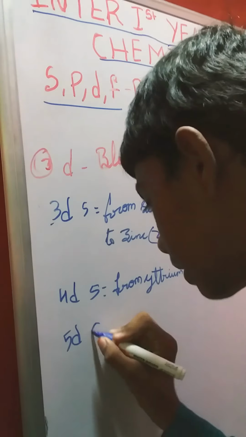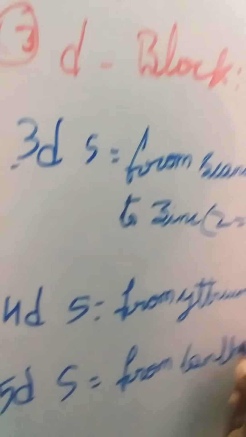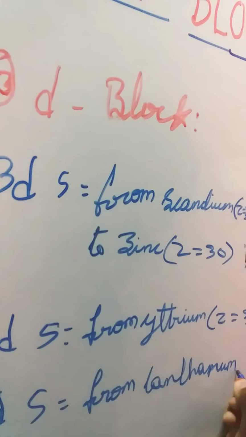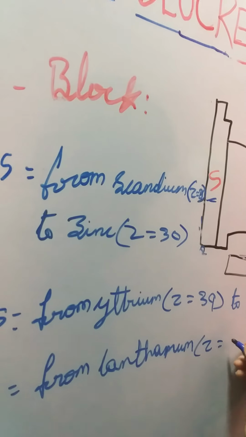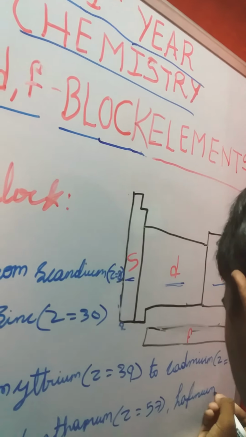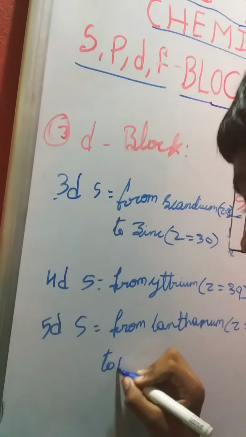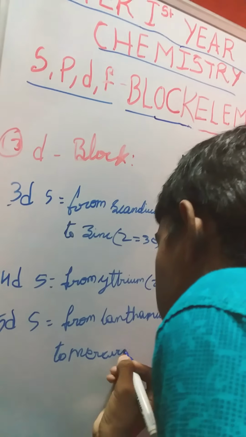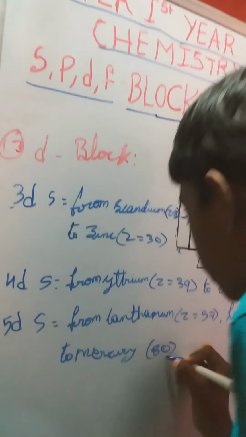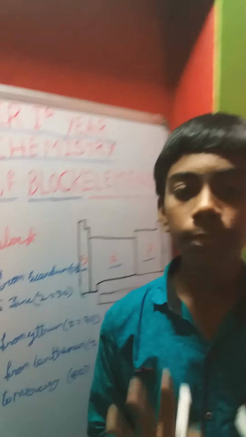Next one, 5D series: from lanthanum, Z equal to 57, hafnium, Z equal to 72, to mercury, 80, in the 6th period.